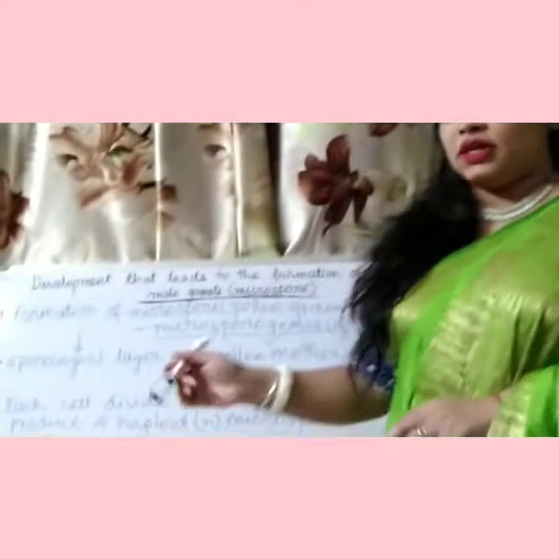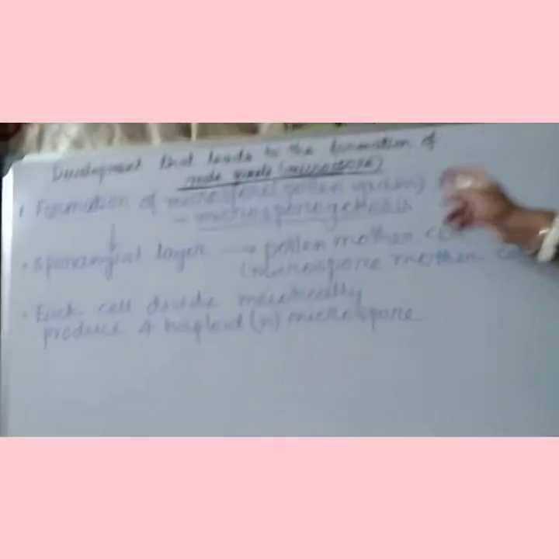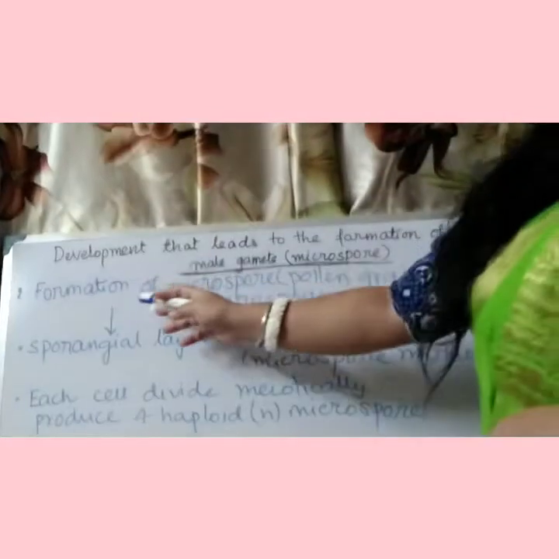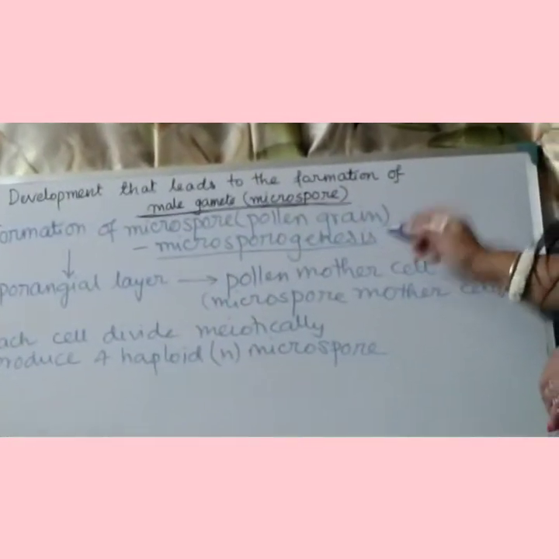Now the second step is the formation of the pollen grains, means microspores. Look at the board. Question comes, what is microsporogenesis? The answer: the formation of microspores, means pollen grains, is called microsporogenesis.